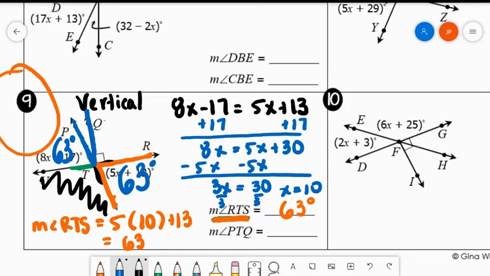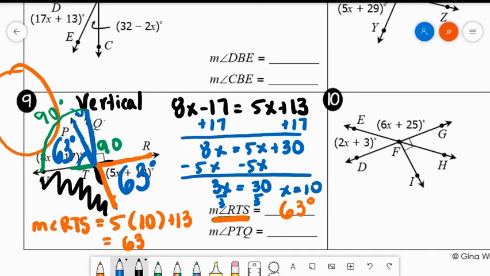But if I want to find this little sliver right here, we have to think about what we know about everything around it. We know that this is 90. And if I know this is 90, I know this whole side over here is also 90 because those angles are supplementary. So if the whole angle here is 90, 63 of it is taken up by this angle right here.